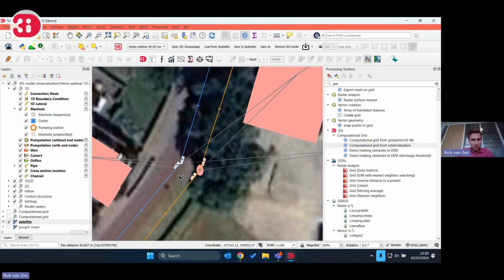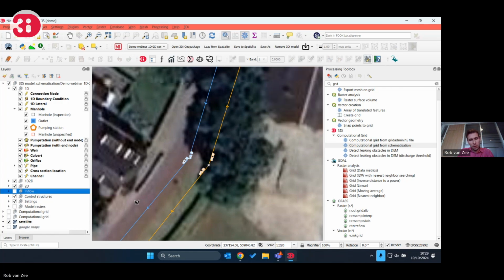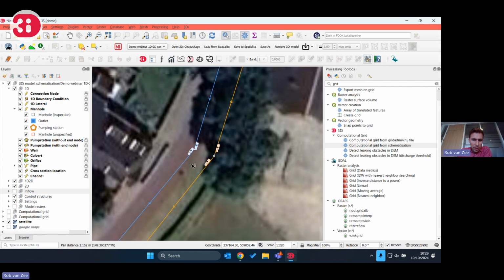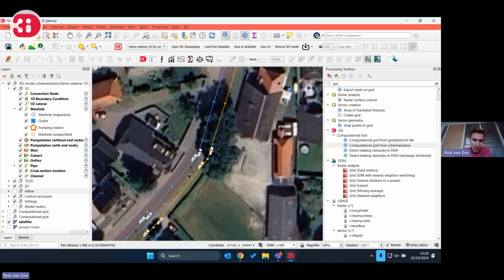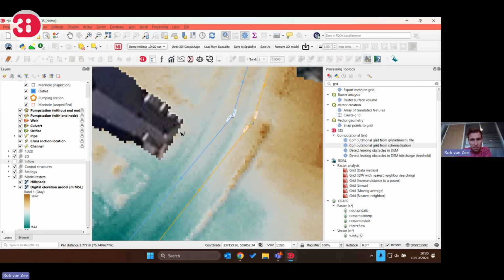So for example here, let's quickly put the buildings off. So here you can see that the street lying here and the storm drain is lying in the middle of the street. But if you look at the model rasters, then you can also see that the middle of the street is a bit higher than the sides of the street.